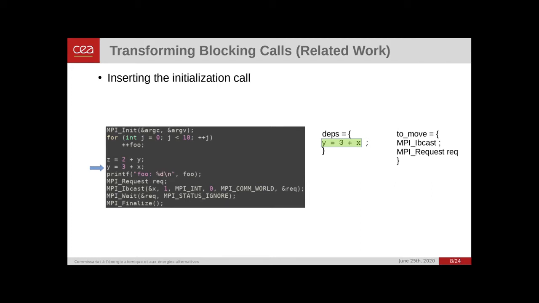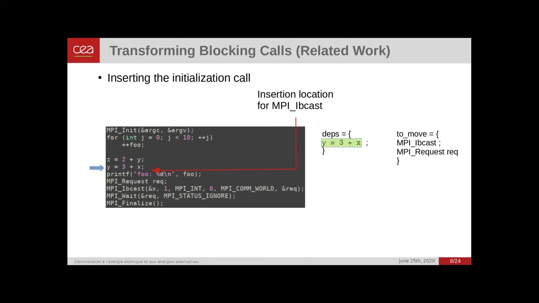It is part of our dependencies, so we cannot have it inside the overlapping interval, because we would end up, as we said before, with a race condition. So this is the reason why we have to stop our iterations here and insert our request and MPI_Ibcast code right below that y equal to triple x statement.